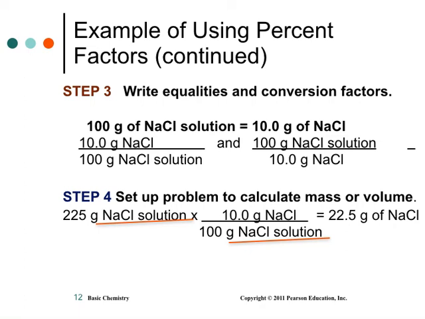So you'd have 10 grams of sodium chloride over 100 grams of total solution, and you can use that as a conversion factor. It's 10 grams of sodium chloride for every 100 grams of solution. 225 grams of solution is what we have, and we're trying to find out the new amount. Divide by 100, multiply by 10, and you get 22.5 grams of sodium chloride.